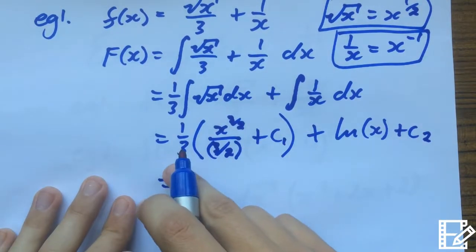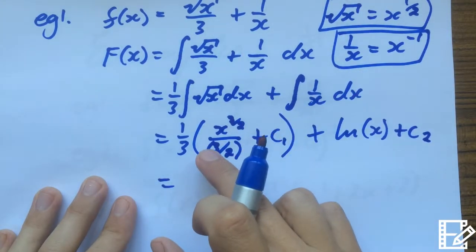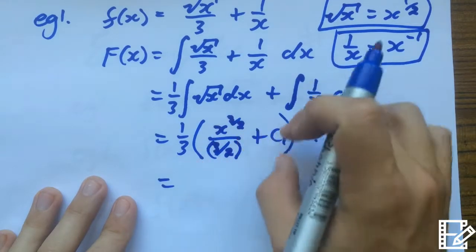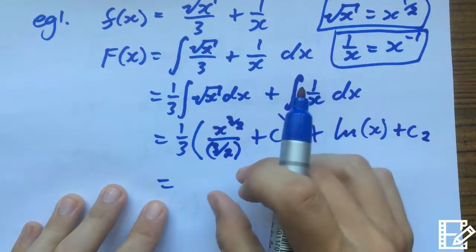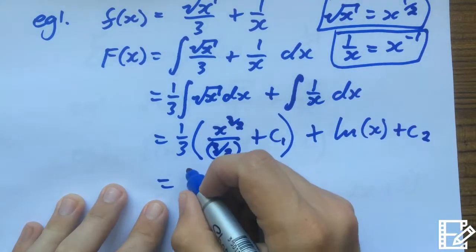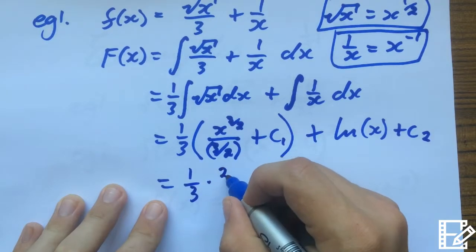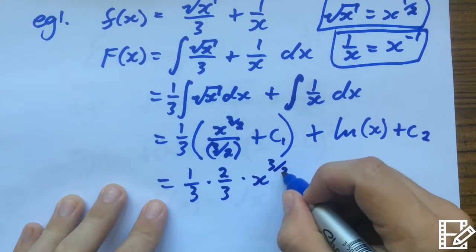Okay, so I'm going to multiply this in, and because we have a fraction on the bottom of a fraction, you basically flip it and multiply it back in. So think of it as this will now become 1 over 3 multiplied by 2 on 3 multiplied by x to the power of 3 over 2.